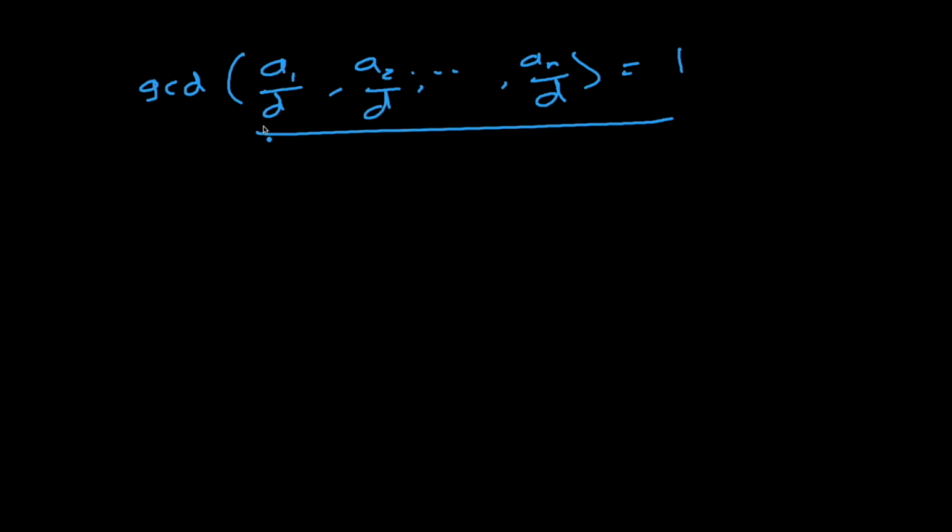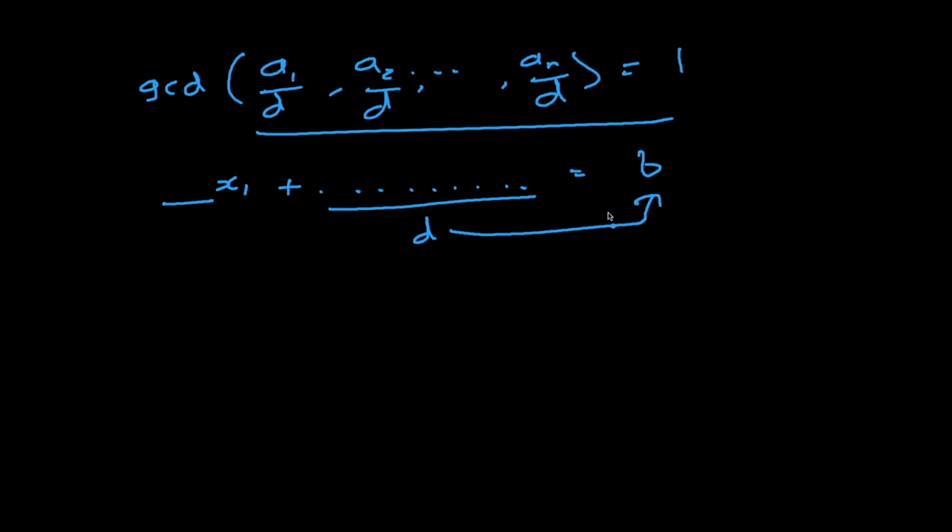Now, in our equation we have the first term x1 and a lot of other terms, for which we computed a GCD, which is d, and there is some right hand side value b. We are specifically looking at the case where d does not divide b, so it leaves some remainder.